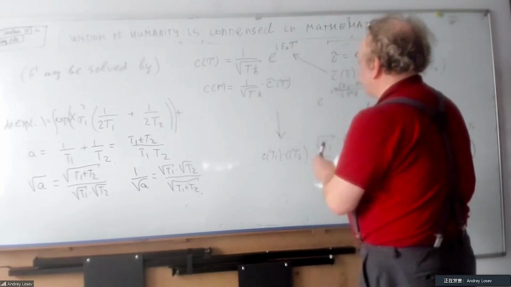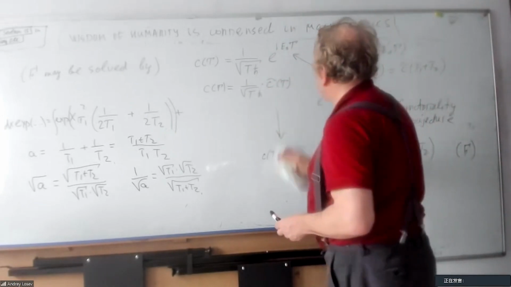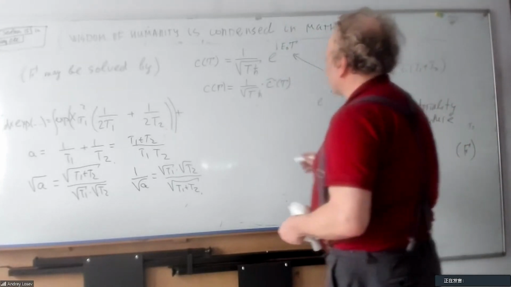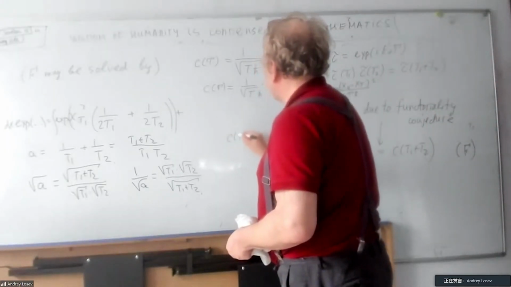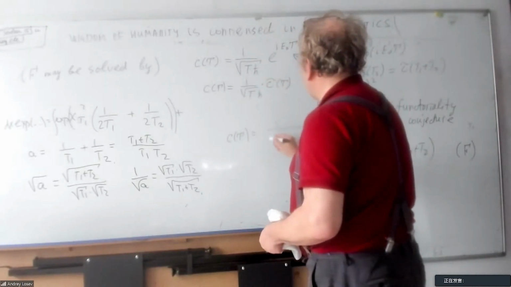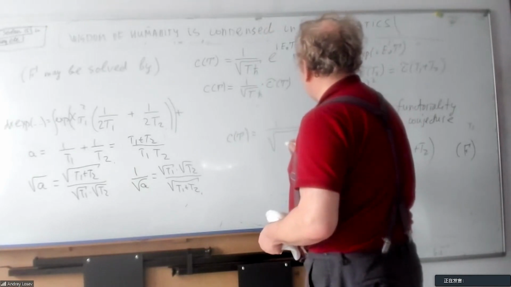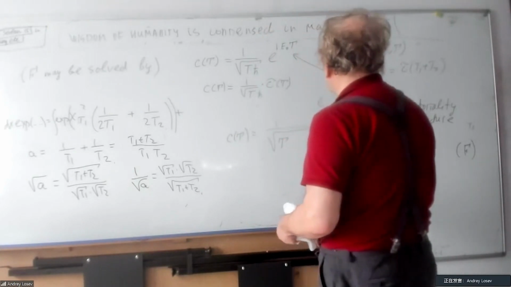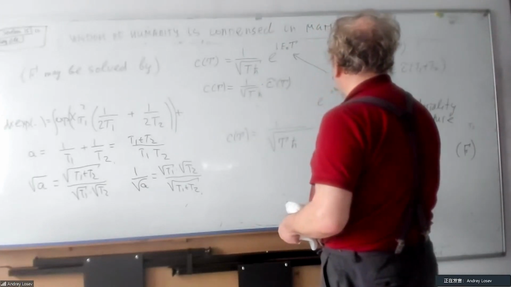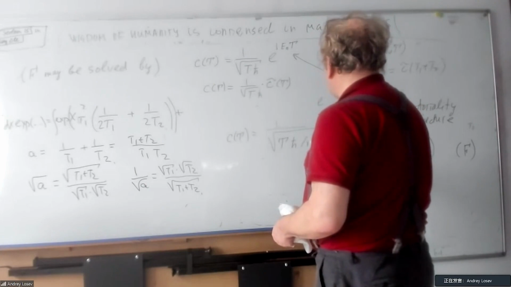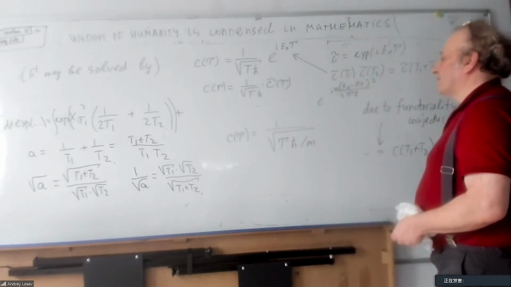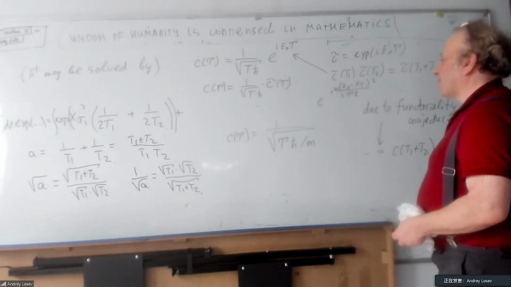So C of t actually equals 1 over square root of what? Here I have t, here I have h bar, and here I have m. Okay?